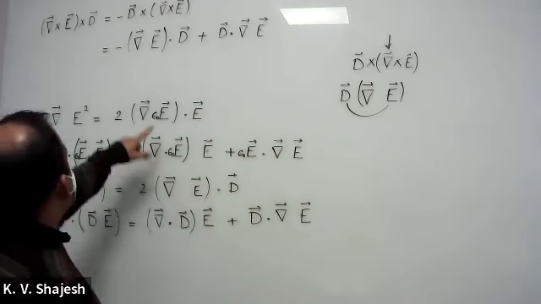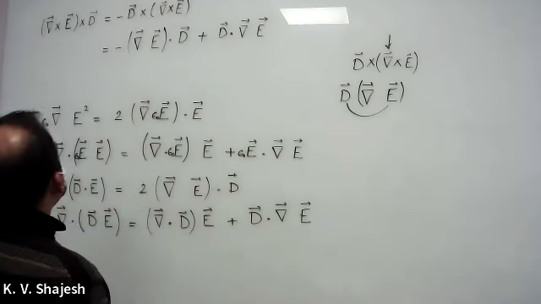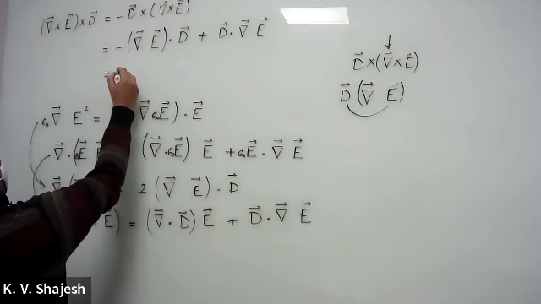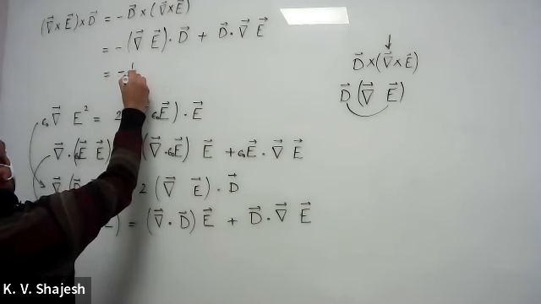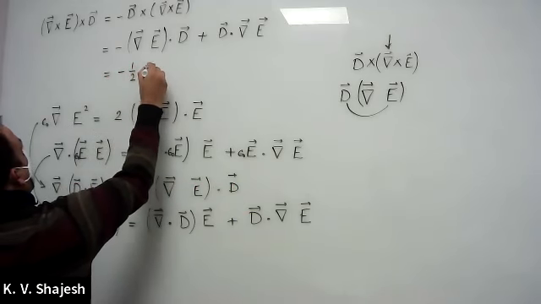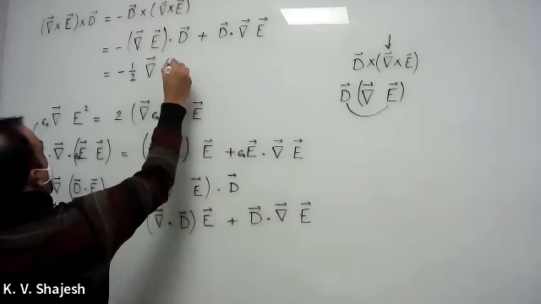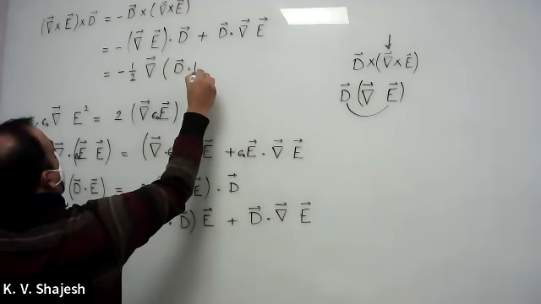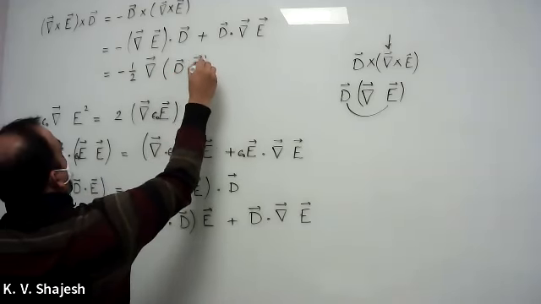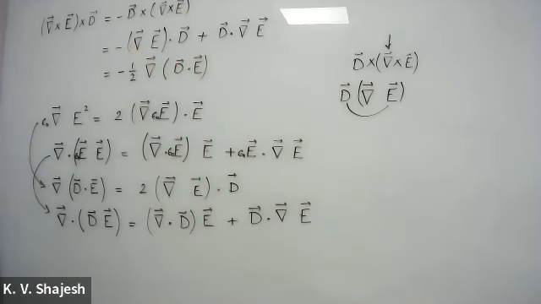If I see that, I can replace this here. So this is equal to minus half of total gradient of D dotted with D. That's the first piece.